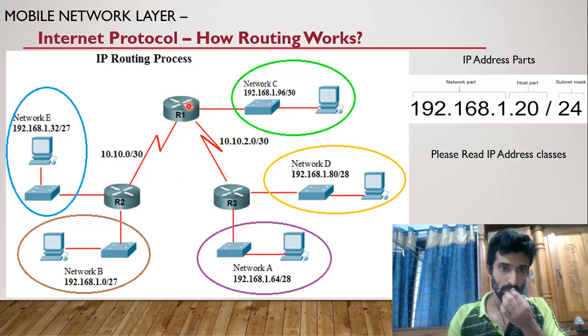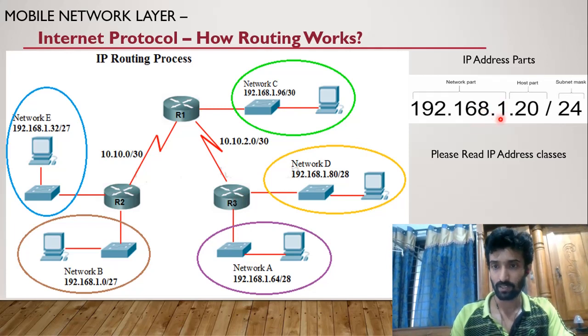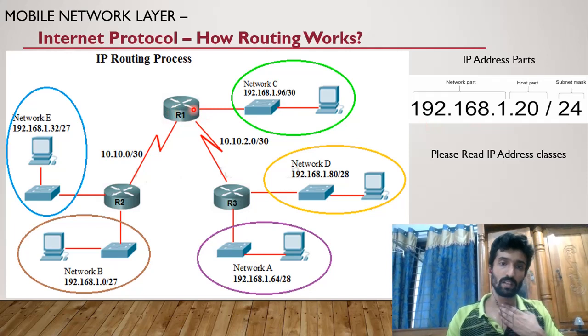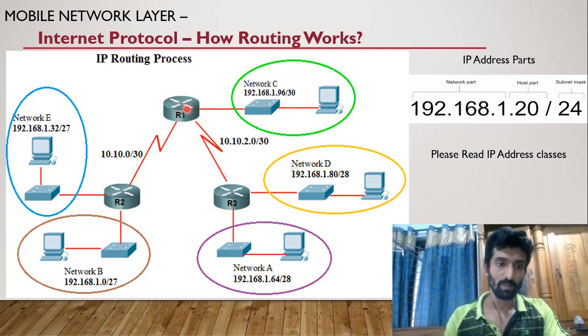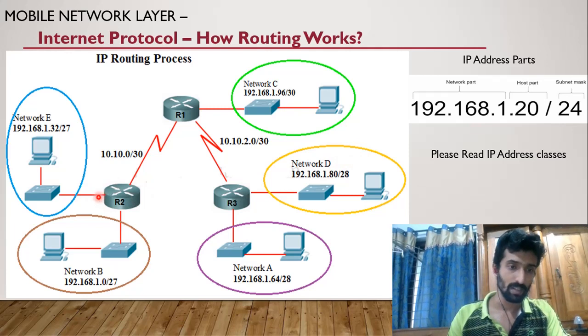From this router it has to take a decision whether that packet has to go to R2 or R3. That decision is taken based on the network part of the IP address. From the network part, R1 can decide and it will forward that particular packet to R2. From R2, the same problem comes again, whether the packet has to pass through this path or this path.